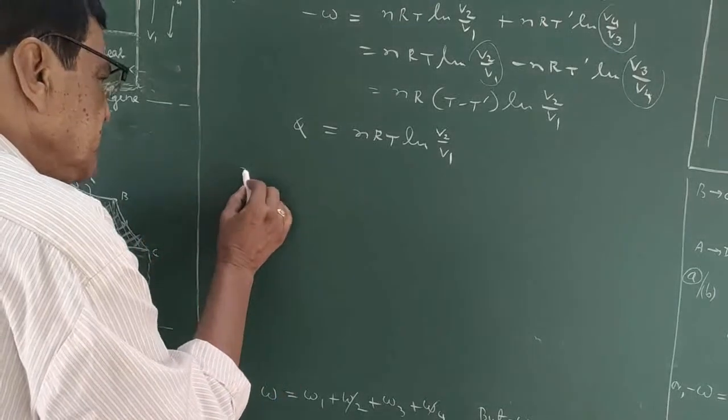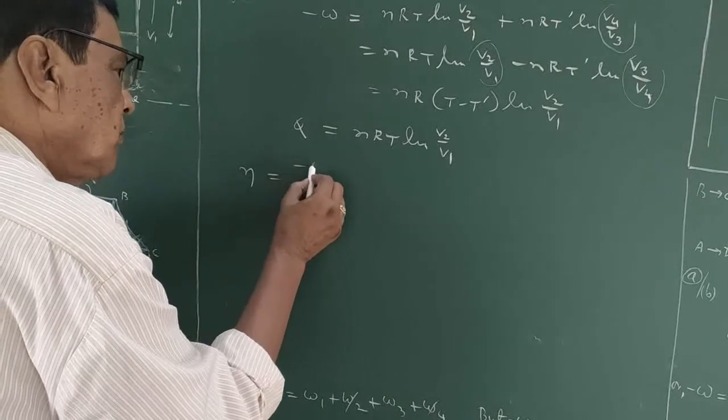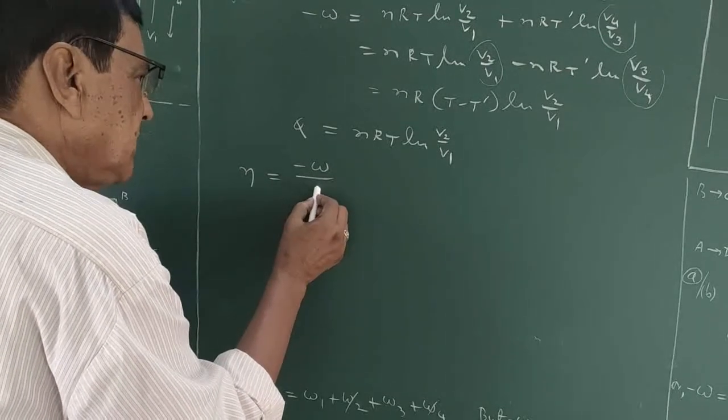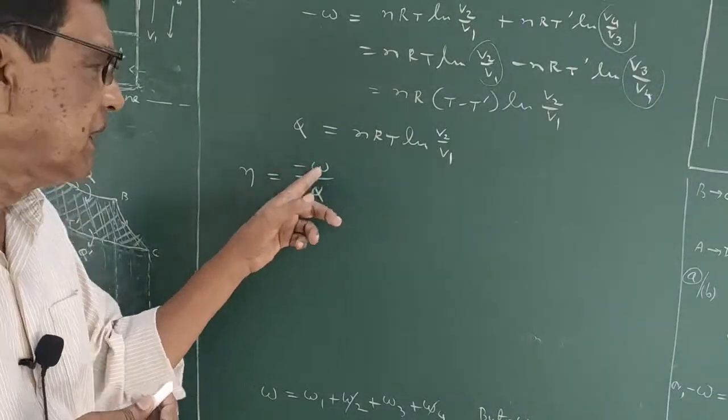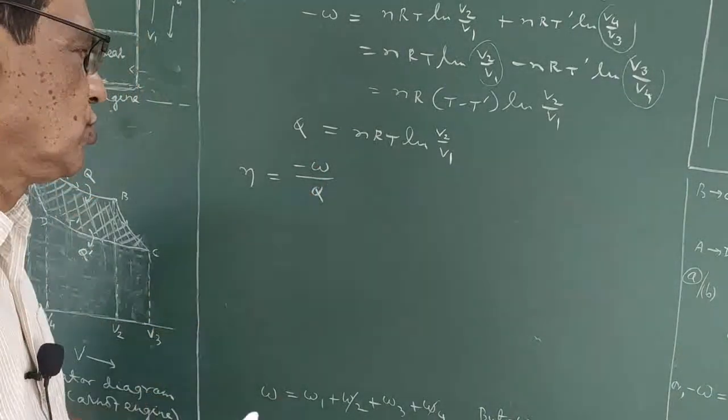So the efficiency is equal to minus W divided by Q, energy output divided by energy input.